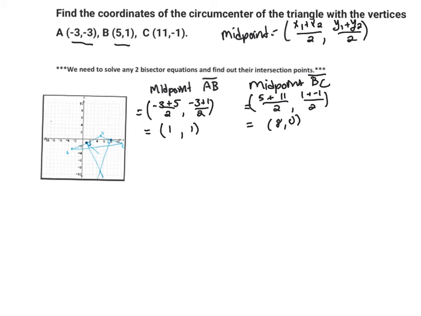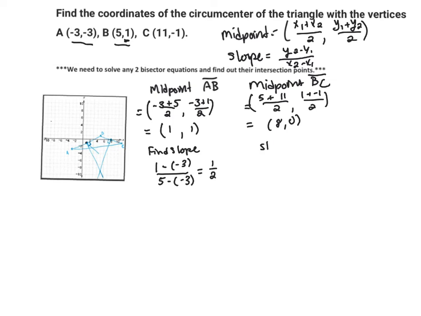All right, now we need to find the slope. Our slope formula is y2 minus y1 over x2 minus x1. So y2 is 1, from B's y coordinate, minus negative 3, over 5 minus negative 3, which reduces to 1/2.